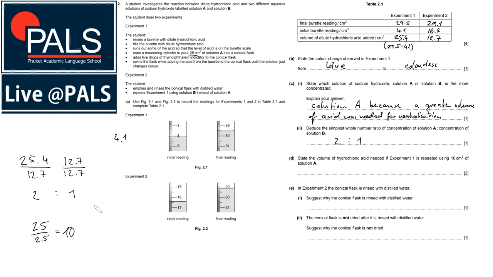Therefore, we have to divide the volume of acid 25.4 divided by 2.5 as well, and that should give us rounded around 10.2 centimeter cube.